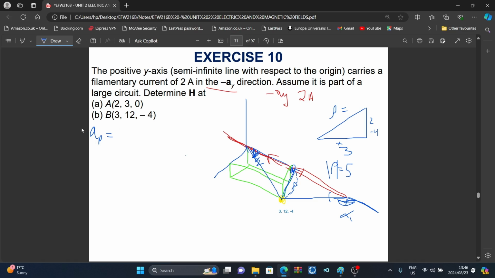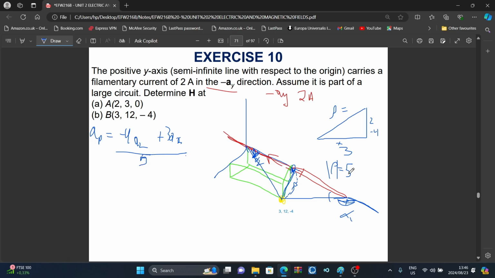I believe you know how we calculate a unit vector. That shouldn't be confusing. So in this case it will be minus 4az and 3ax divided by 5.